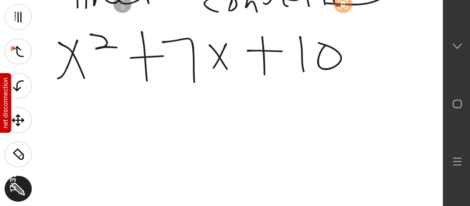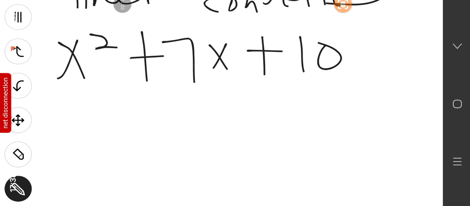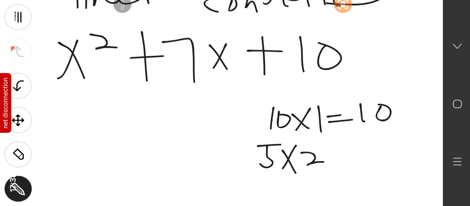So first, we multiply 10 by the coefficient of x squared, which is 1, and we get 10. Now we look for numbers that we can multiply to get 10. 10 times 1 gives us 10. 5 times 2 will also give us 10.